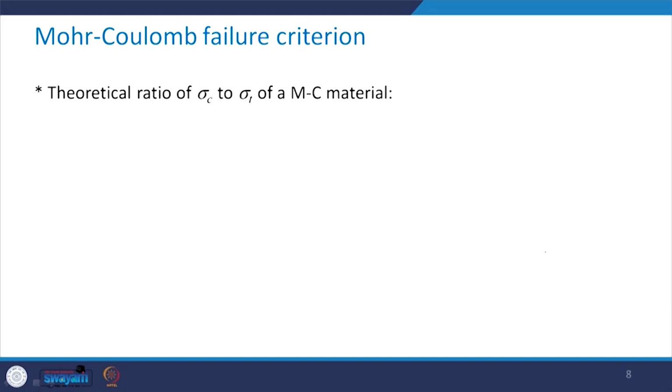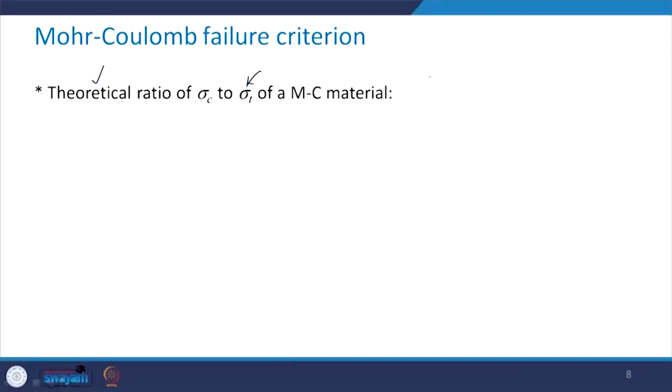Now what is going to be the theoretical ratio of sigma c to sigma t? Why am I saying the theoretical ratio? Because this sigma t is what we are getting from a theoretical uniaxial tensile strength test.